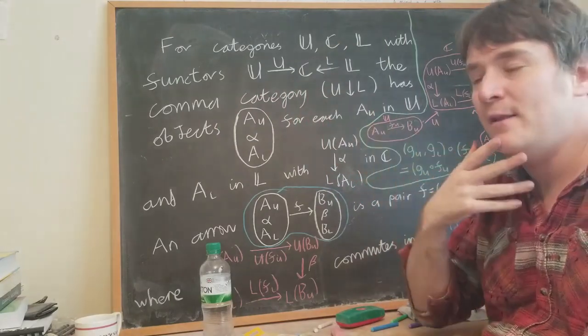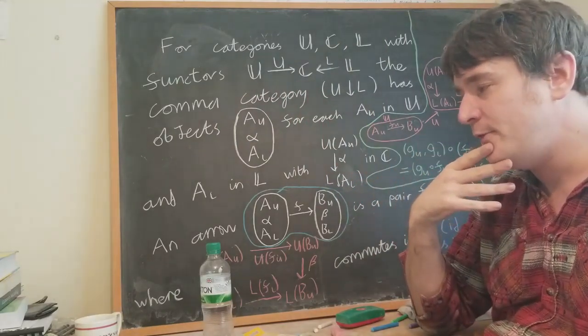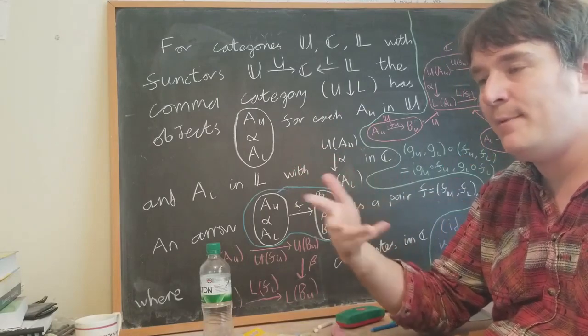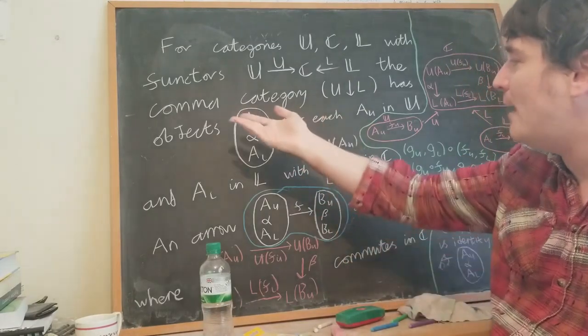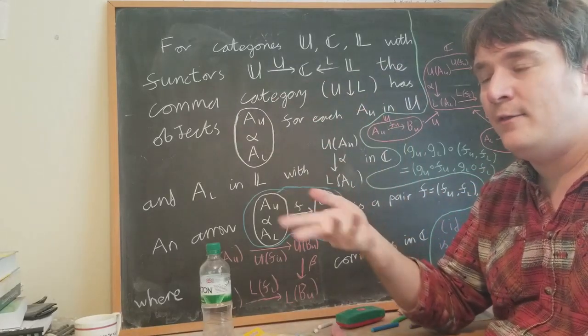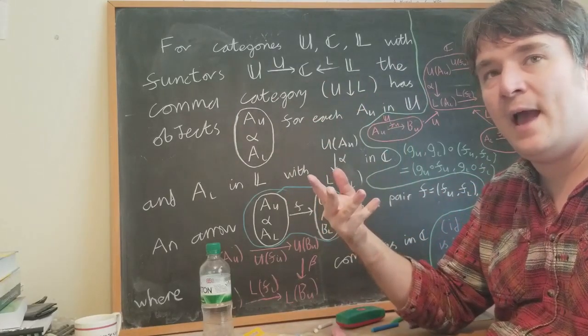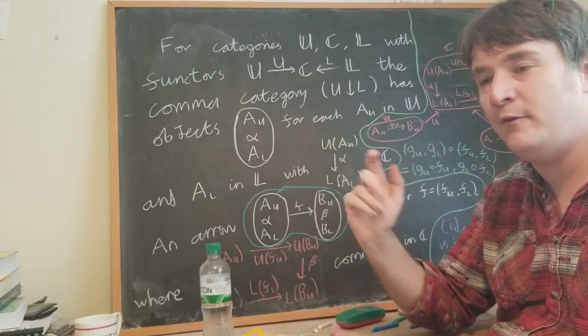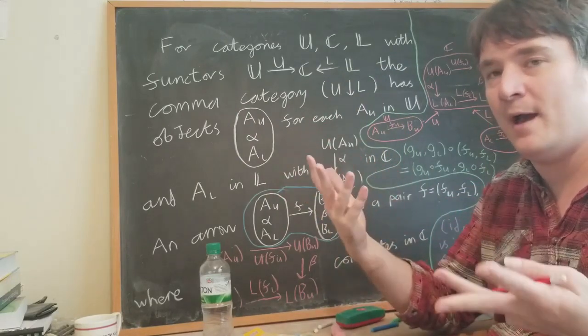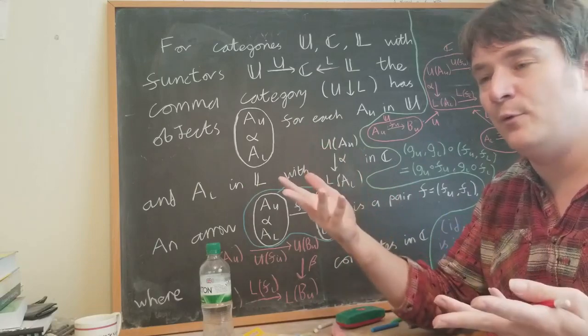So I'm going to define this. Now, this is a little bit abstract, so it might be a bit hard to understand if it's the first time you've seen comma categories. This is not going to be a linchpin of this series of videos, so don't worry if this is hard to understand.